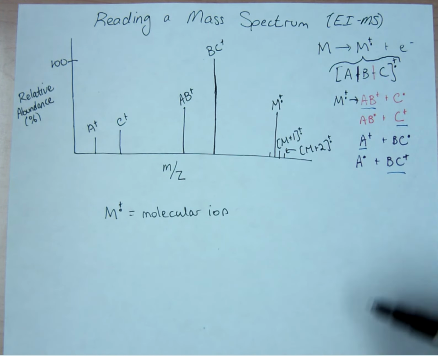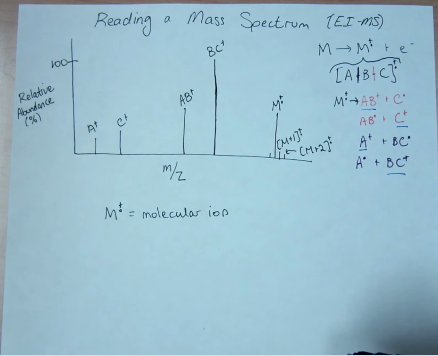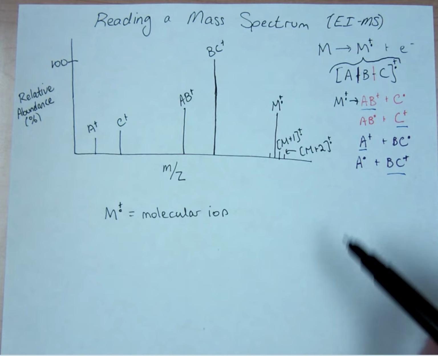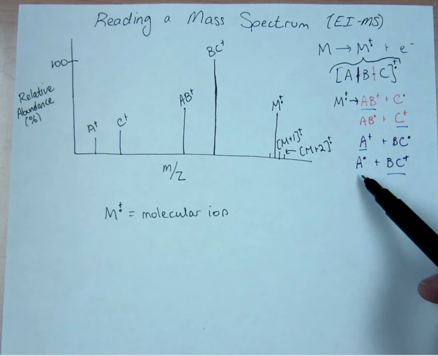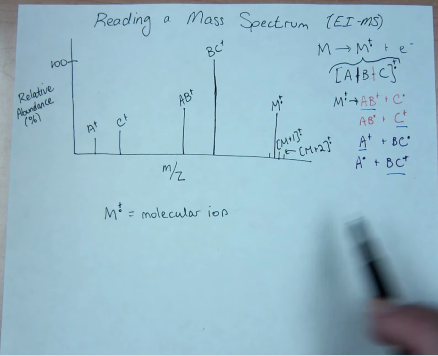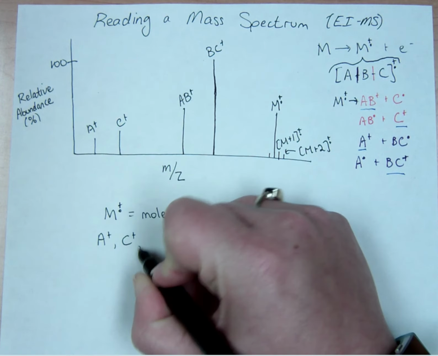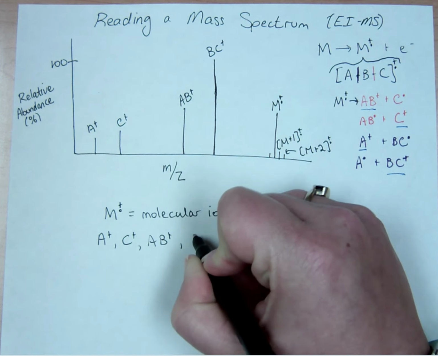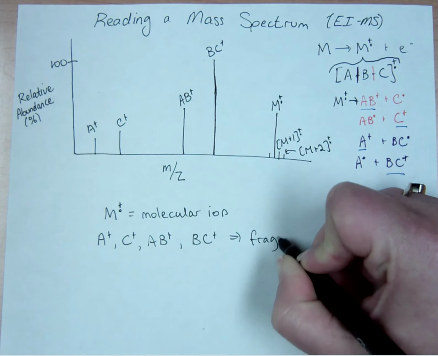So anytime we're looking at fragment interpretation, we're looking at what is the weakest bond and what's going to be the most stable group for our radical to end up on, as well as what's going to end up very stable with the charge. So in this case, our A+, C+, AB+, and BC+ are all what we would consider fragment ions.